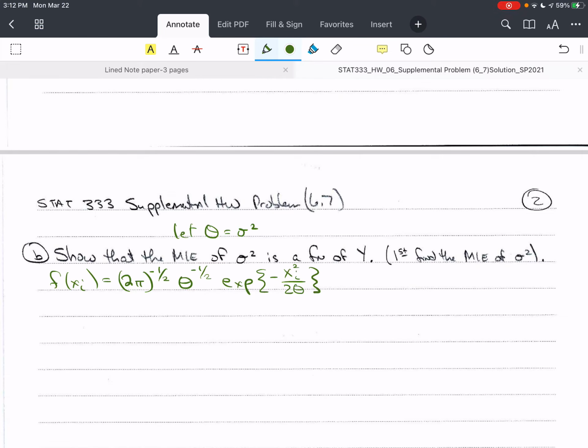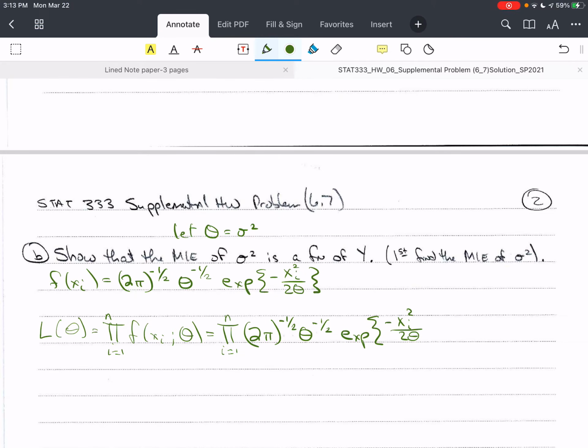And then the joint distribution, or the likelihood function, I'll just go ahead and write it as the likelihood function of theta is equal to the product of f of xi theta, i equals 1 to n, which is equal to the product from i equals 1 to n of 2 pi negative 1/2 theta negative 1/2 exp negative x sub i squared over 2 theta.